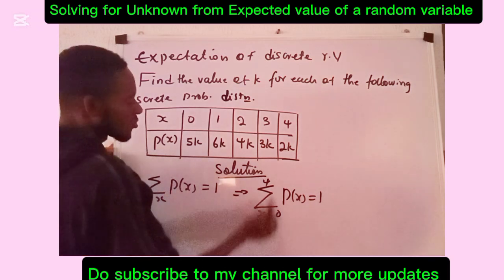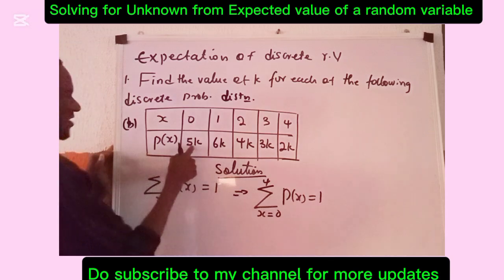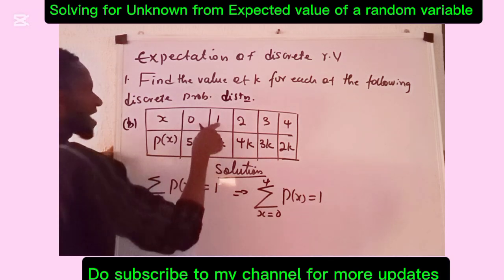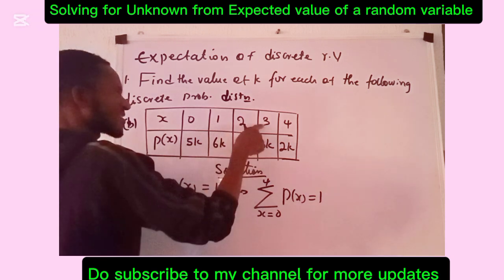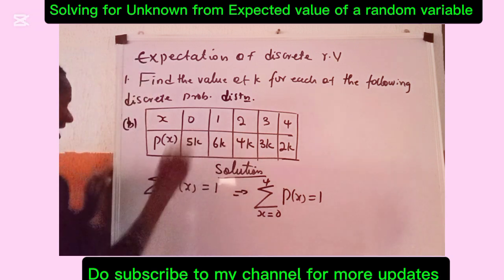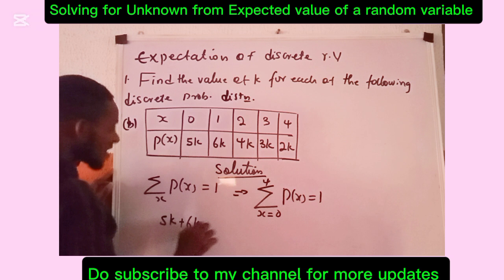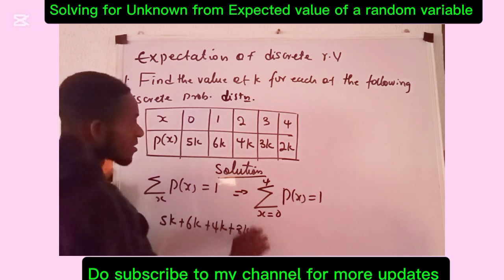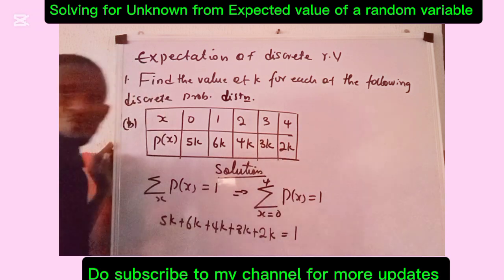Summing from 0 to 4 of this P of x means this plus this when x is 0, plus this when x is 1, plus this when x is 2, plus this when x is 3, plus this when x is 4. And in that case, what I now have here becomes what? 5K, plus 6K, plus 4K, plus 3K, plus 2K. This is expected to give me 1.